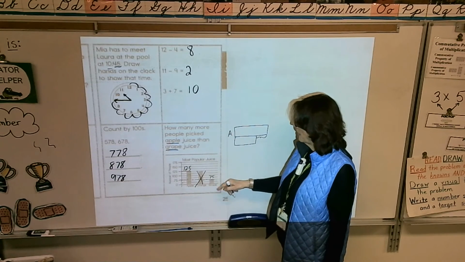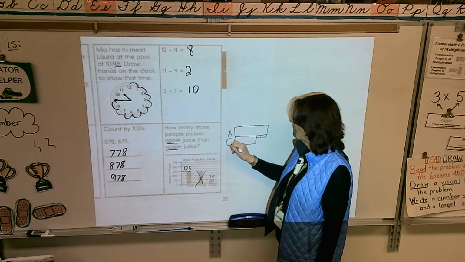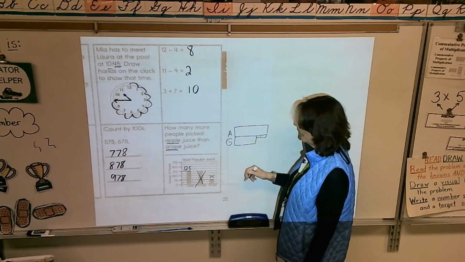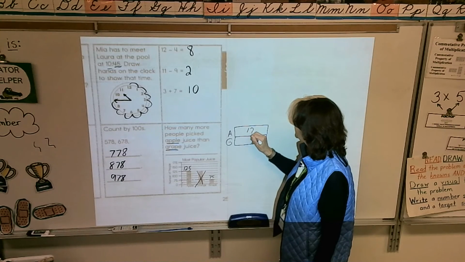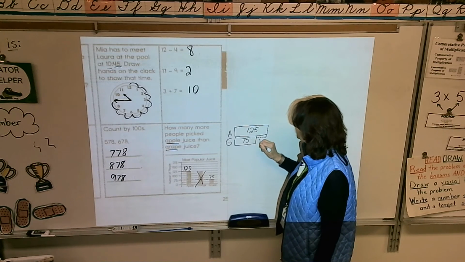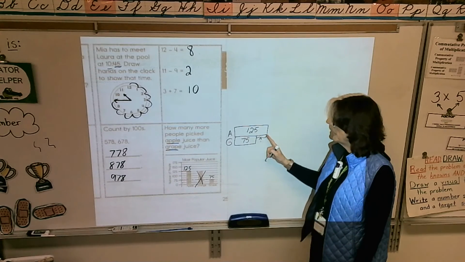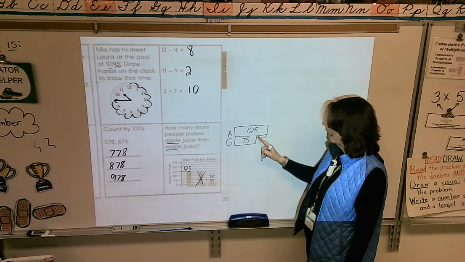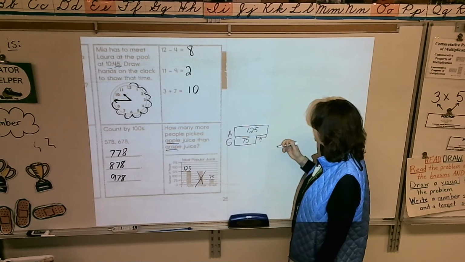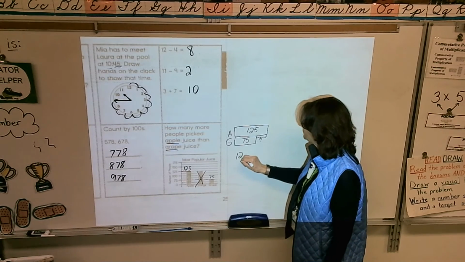Grape is 75, it's a smaller number, so I'll label the smaller bar G for grape. And then I'm going to write the number of people that chose each one in the bar, so this is 125, and grape is 75. And then in order to find how many more people pick apple than grape, I have to find this difference. How much longer is the big bar than the smaller bar? And how do I do that? I do that by subtracting.